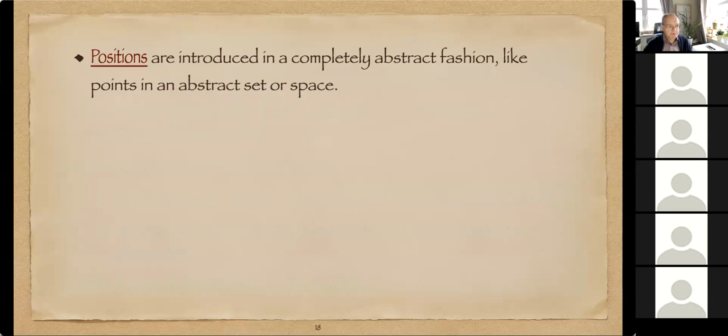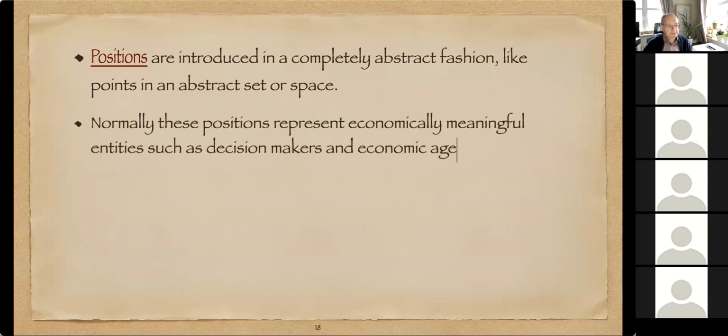In network theory, positions are completely abstract. They're like points in an abstract space, right? And we have to tell in our narrative with the network what exactly those are. And when you say, okay, these are employers and employees, right? That is totally different from the buyers and sellers in a trade network. Yeah, they're specialized entities in a social division of labor.